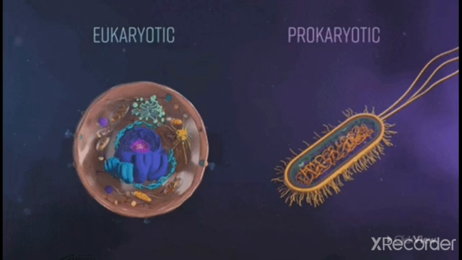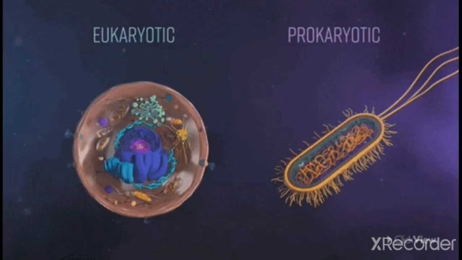But if you look on the other side, just look at the prokaryote. The prokaryote does not even have a nucleus. The thread-like structure which you find in the middle of the cell is the nucleoid, that is, the genetic material of that cell. It does not have any other organelle other than the nucleoid and the ribosome.